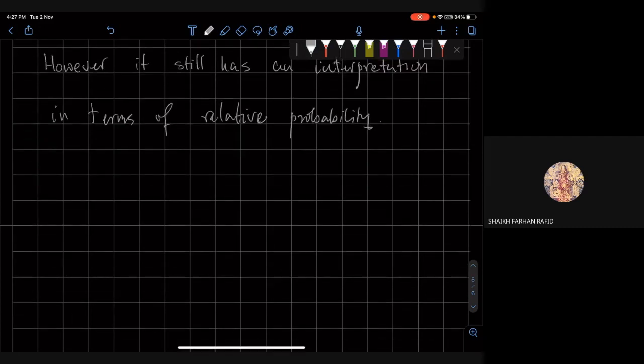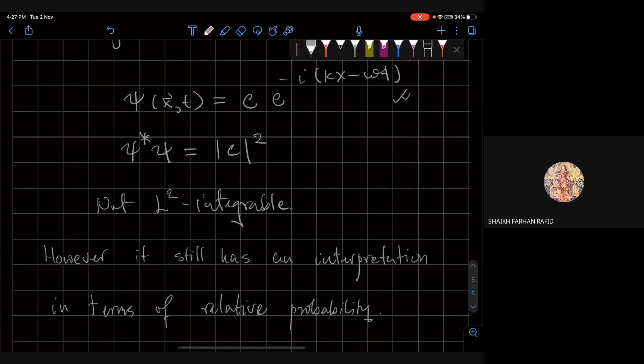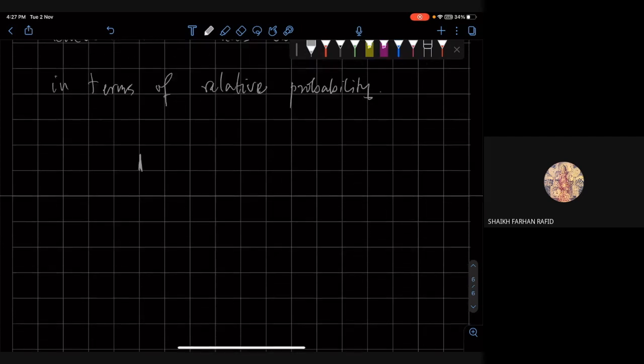How so? Suppose you have some system which is described by this wave function. And I want to ask, what is the probability of finding the particle in this interval versus the probability of finding the particle in this interval?